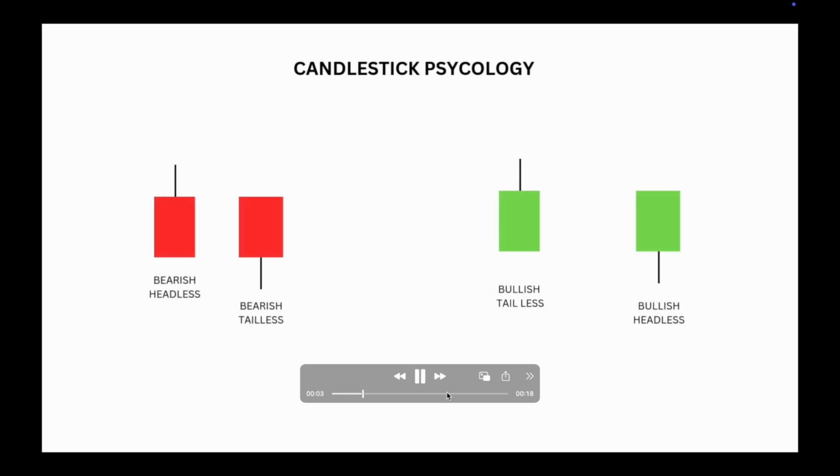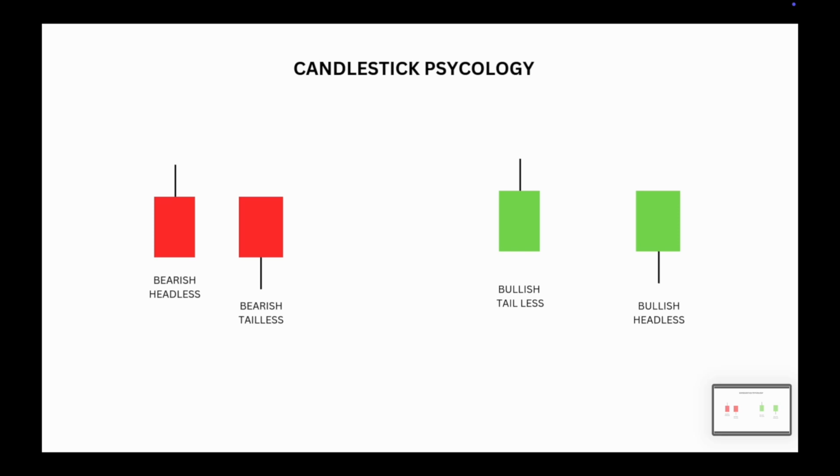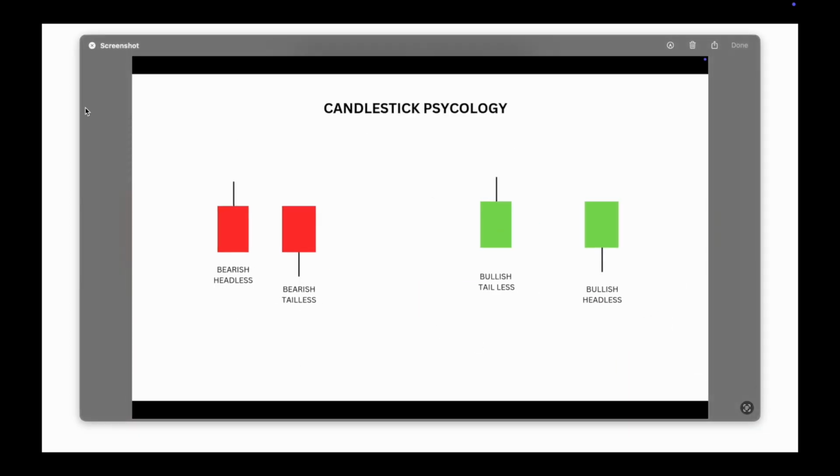So similarly you can take a screenshot of this bearish candlestick psychology, and now I'll explain the difference between headless and tailless of both bearish and bullish situations, because this is where most traders get trapped. This is where most traders are confused and they lose most of their trades. Let's start here. Bullish tailless candle, because in a bullish candlestick the tail is always at the bottom and the head is always at the top.